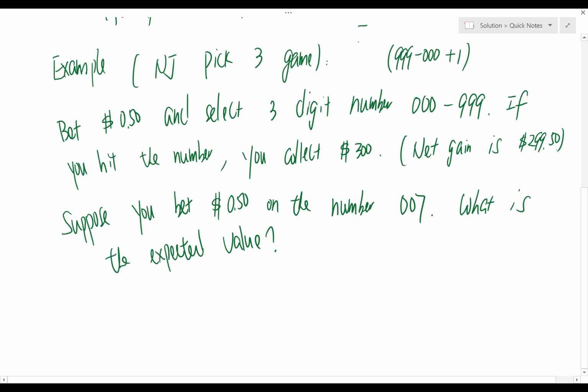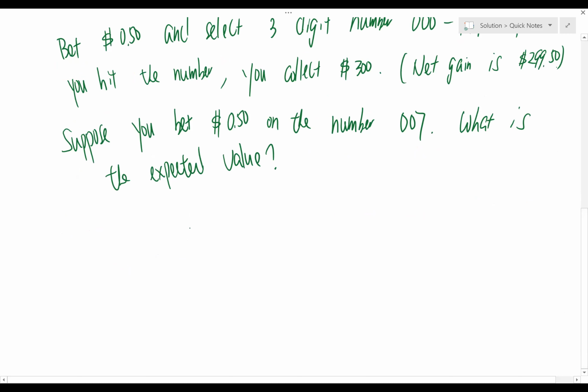So this is the total number available to pick, and we end up with 1,000 numbers. Remember there's only one winning number. So the probability of winning would be 1 over 1,000. The probability of losing would be 999 over 1,000. So that is also important.